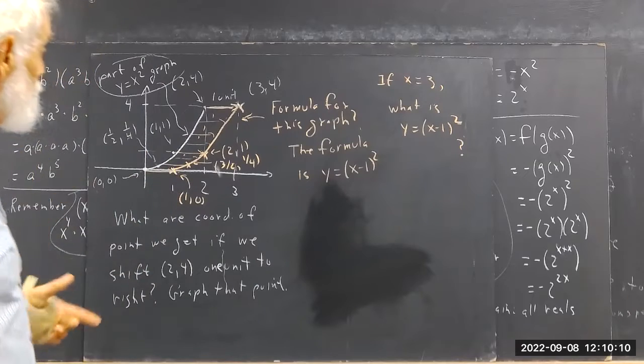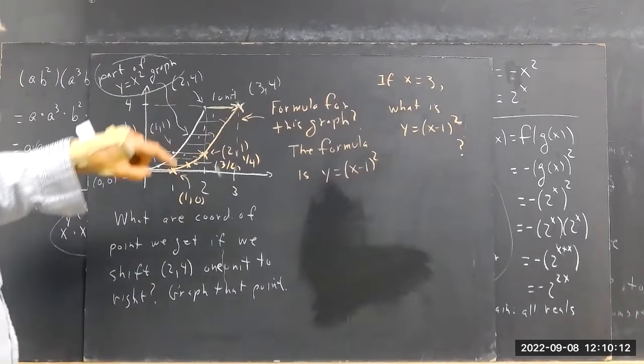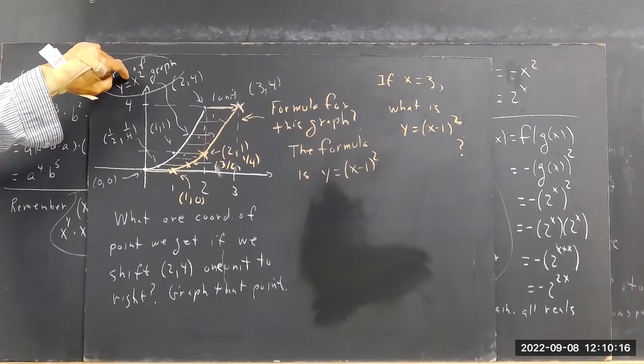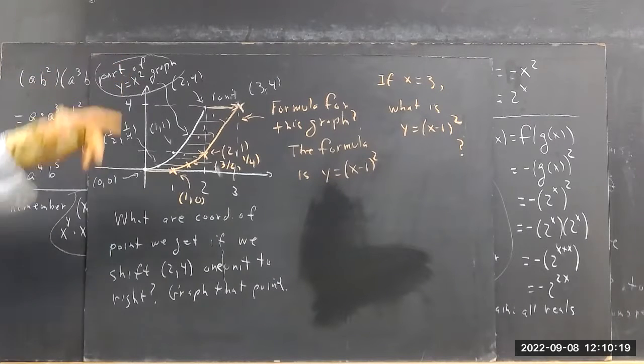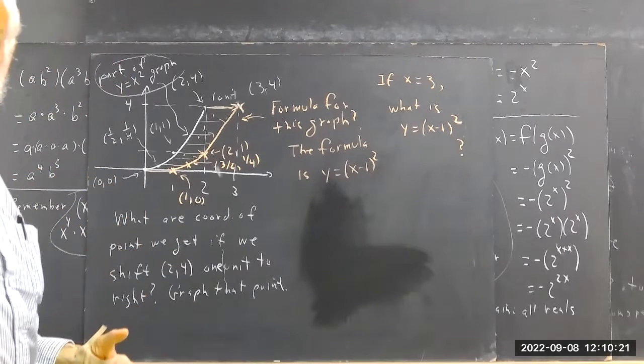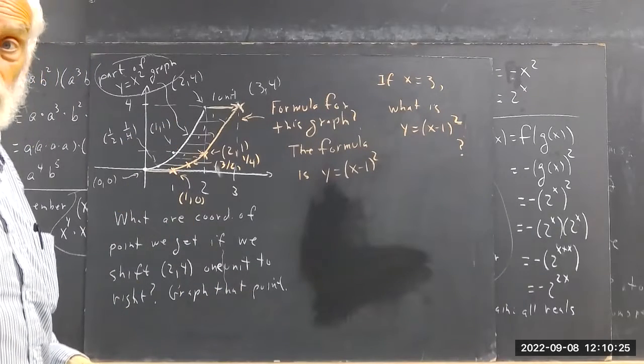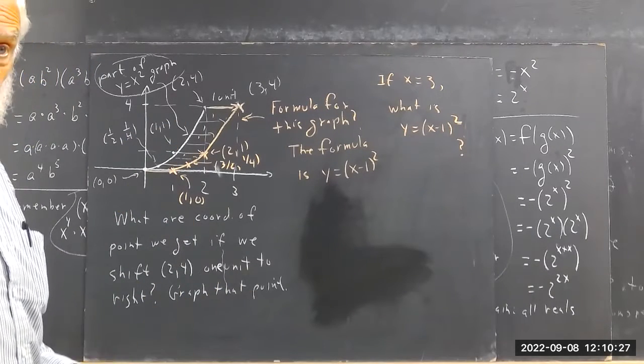Then we recognize that these coordinates are part of the graph of the y equals x squared function, the basic squared function. If you've drawn that several times, you understand that. You should understand these basic functions well enough that that's obvious.